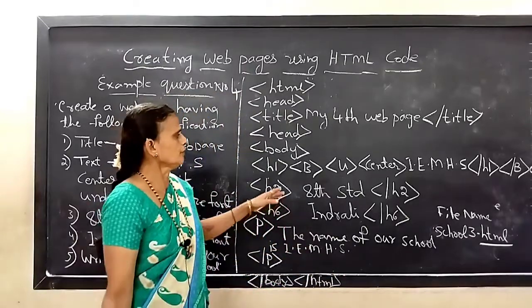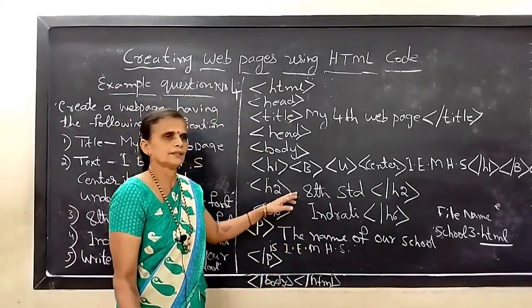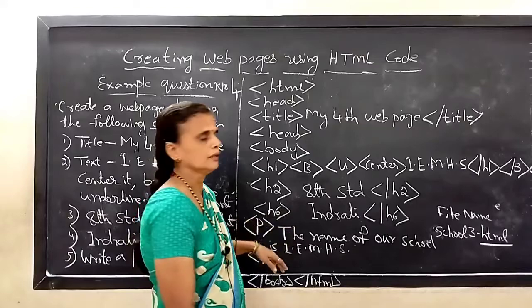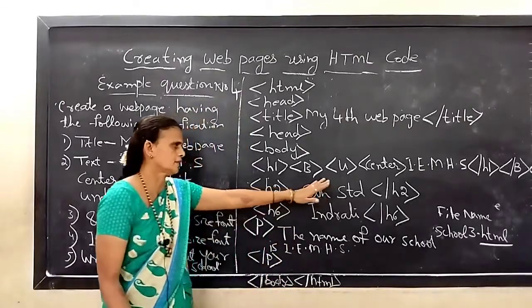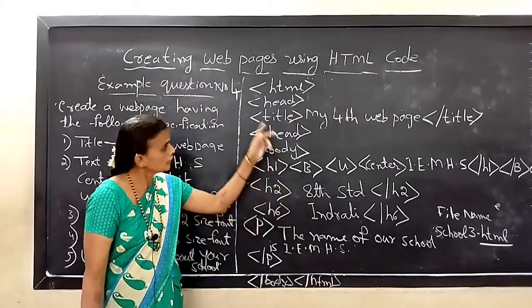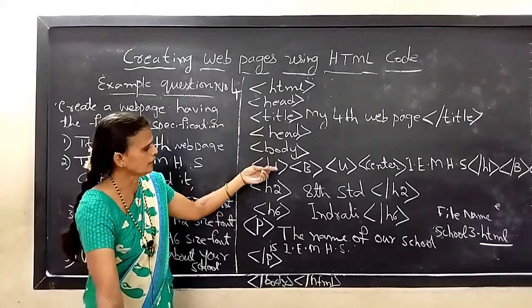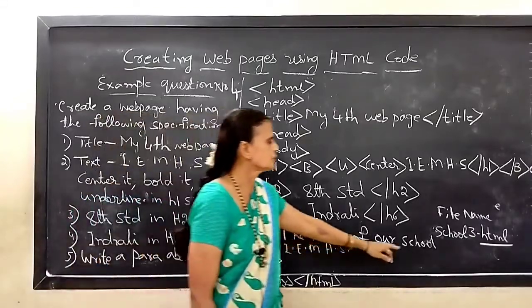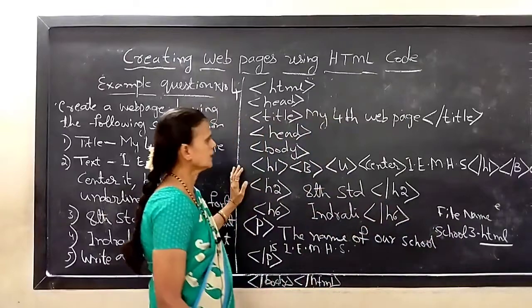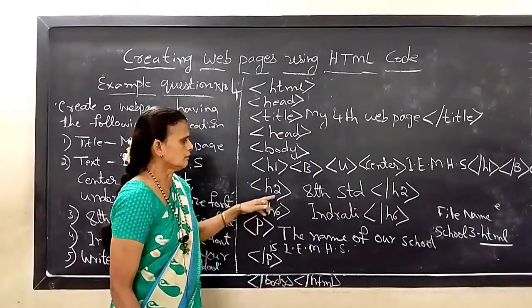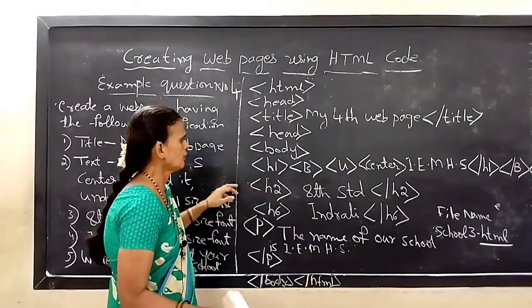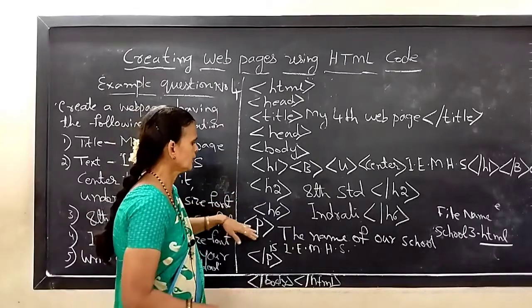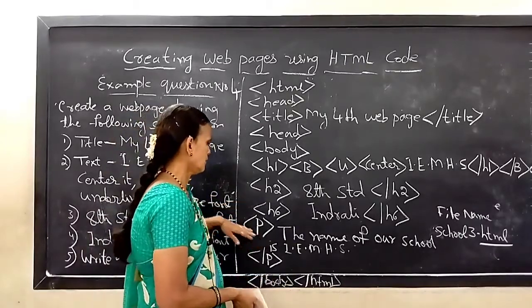Now if you want to see colors for the letters, you want to change the colors, you can once again open the same file, school3.html, and write a font color. We will give a font color for our paragraph.